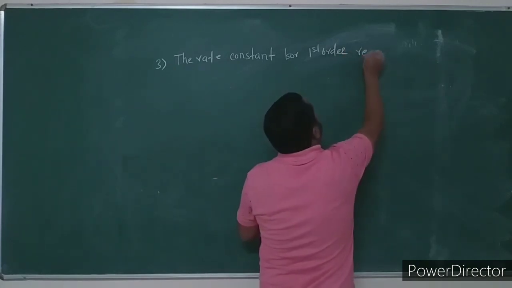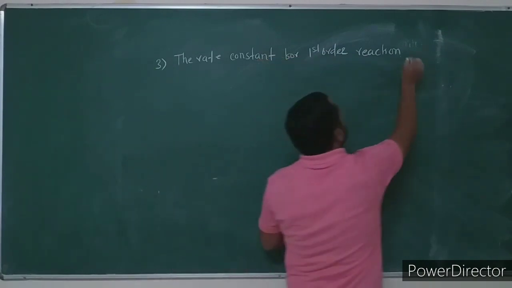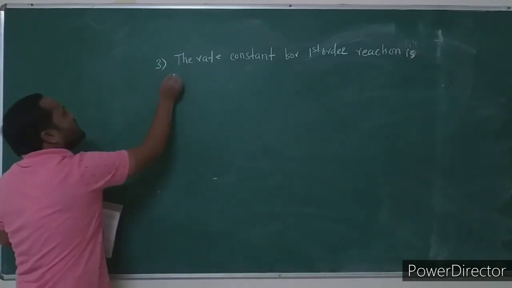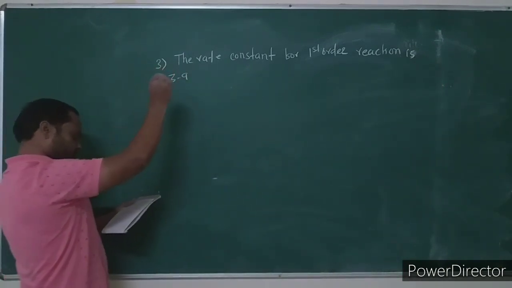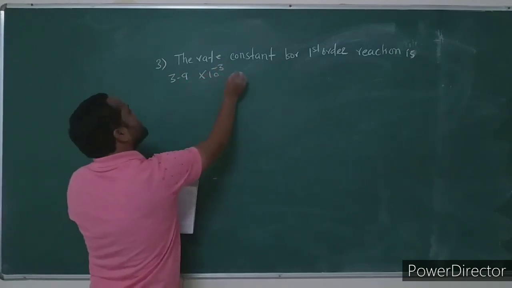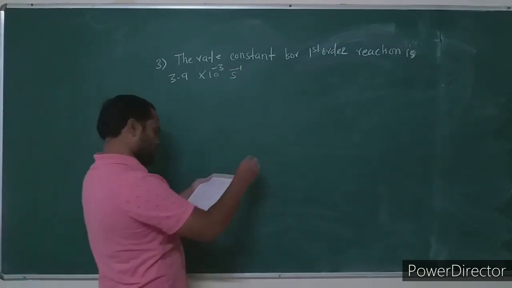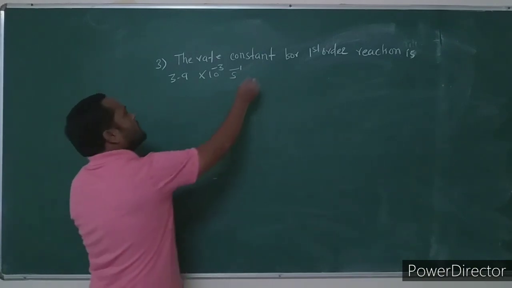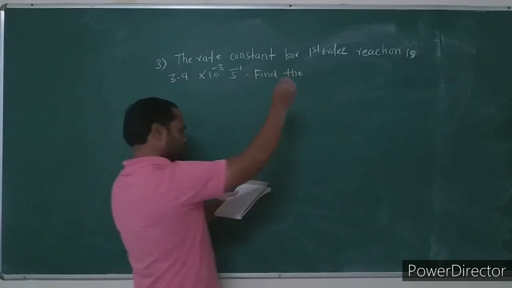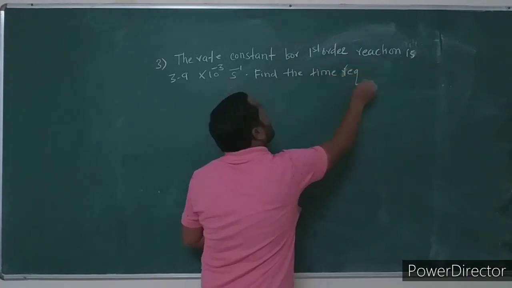The rate constant for a first order reaction is 3.9 into 10 raised to minus 3 per second.